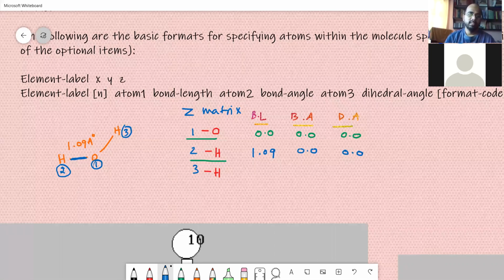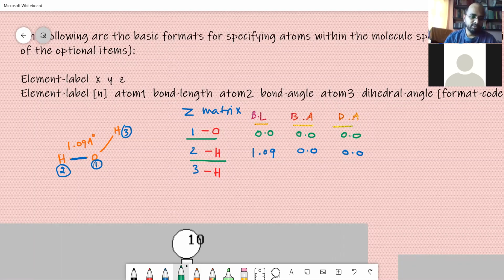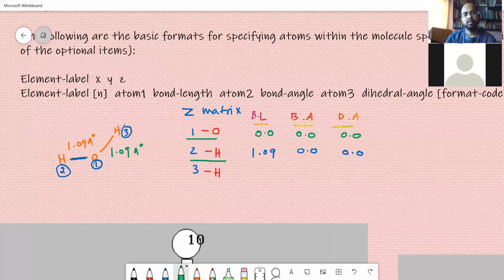Now look at the third hydrogen atom. The third hydrogen atom is also connected to the first oxygen atom by 1.09 angstrom units, so I am writing 1.09 again. For the first two atoms, there is no angle.